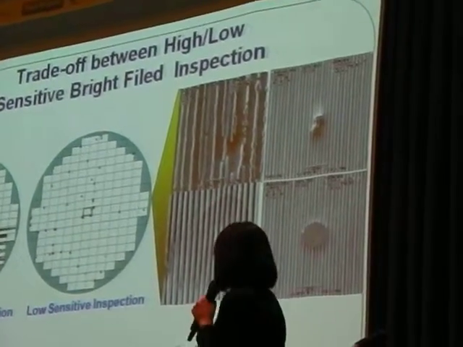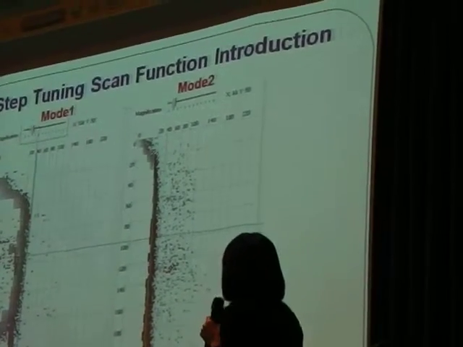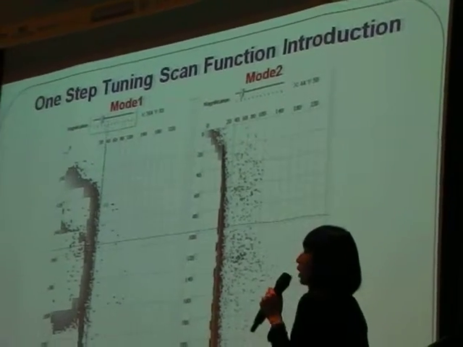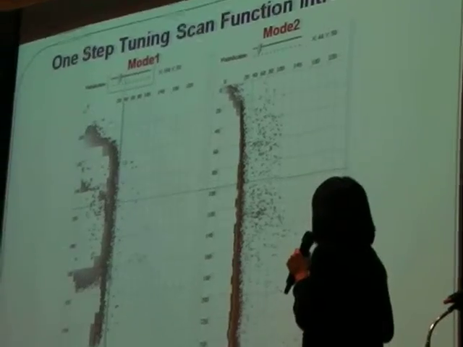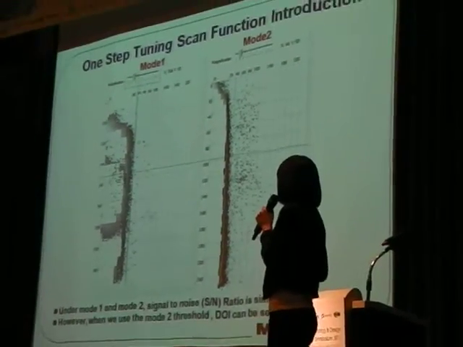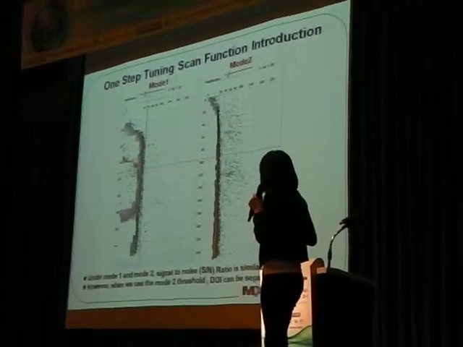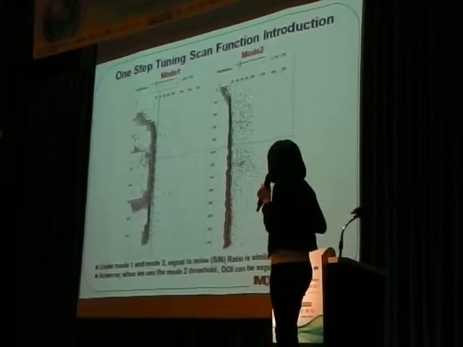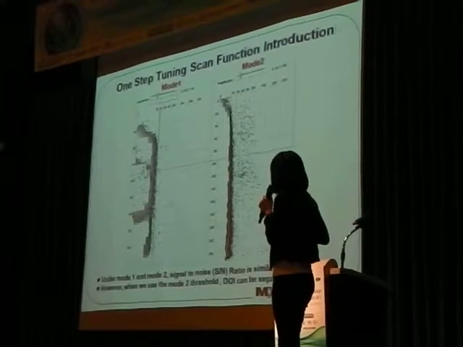So now we will introduce the one-step tuning function. The one-step tuning function uses one-time hot scan and gets the defect grayscale. And using the defect grayscale to plot the grayscale distribution chart. And we will set a segment ratio bar to filter the nuisance on here.